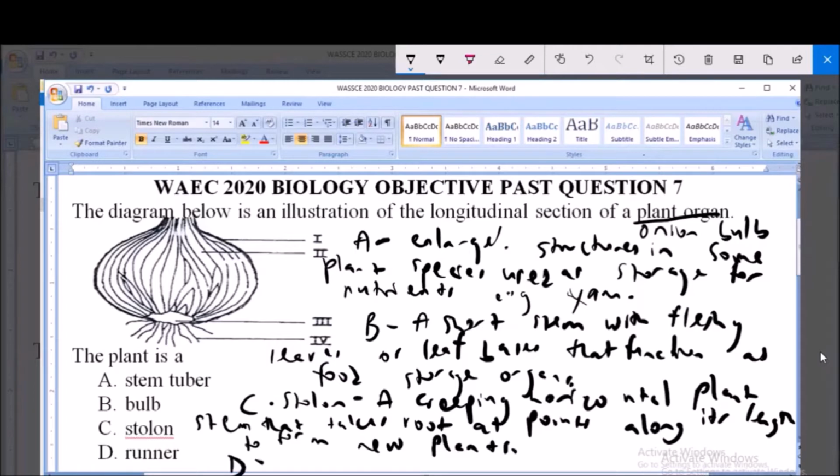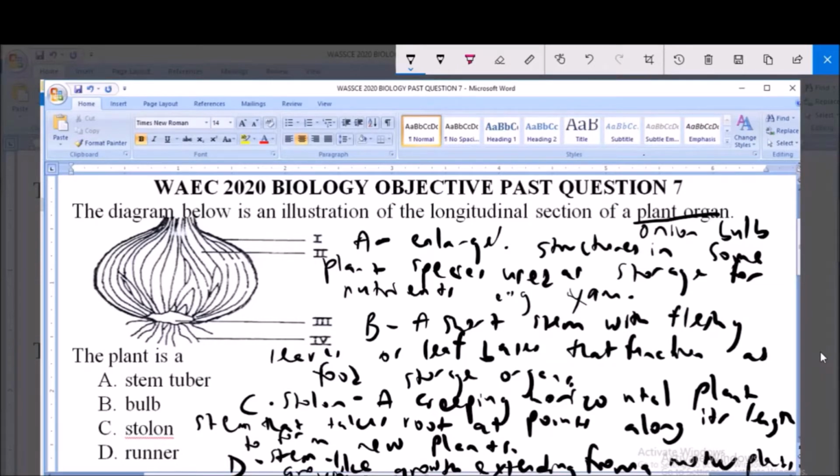And option D, which is runner, is a stem-like growth extending from a mother plant's growing point.